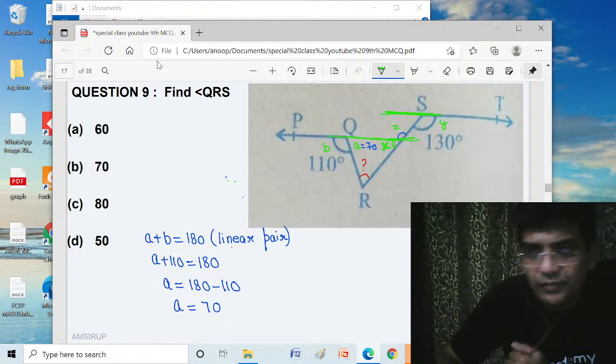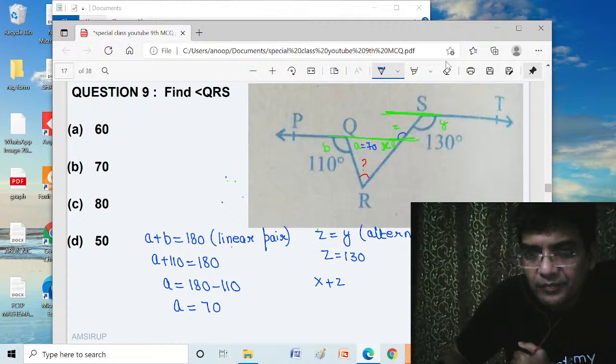So I can write X plus Z. Now you can see they are forming a linear pair. So I've got the value for X as 50.